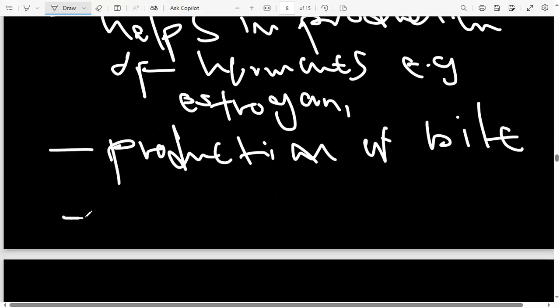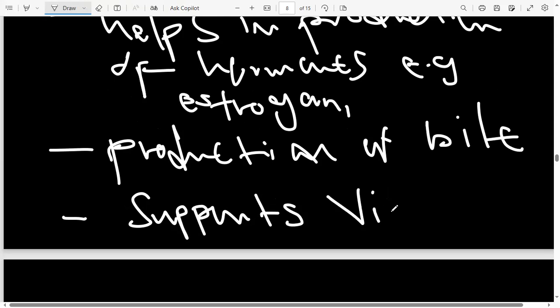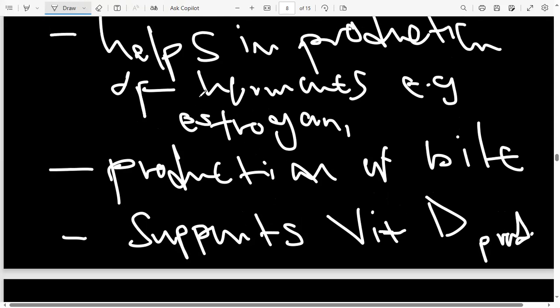And then the third one, I'm going to say it supports vitamin D production. Okay, you can finish it there. So these are three functions of cholesterol in the body.